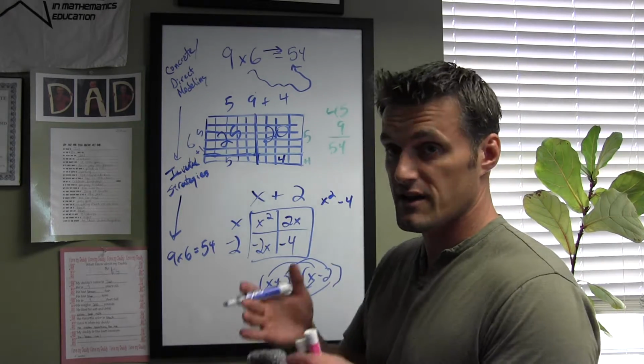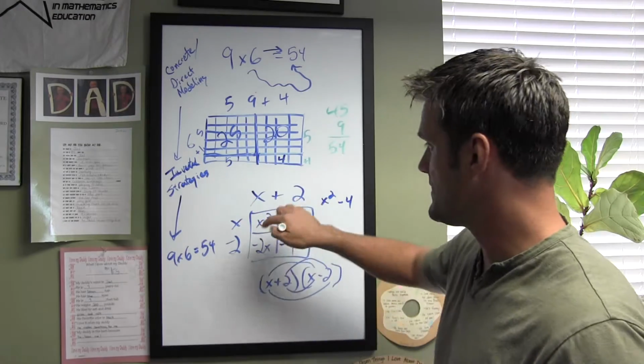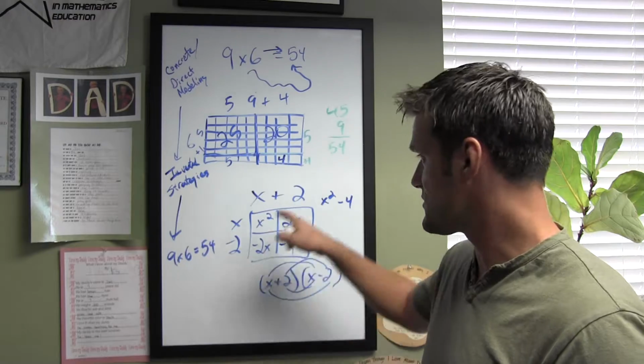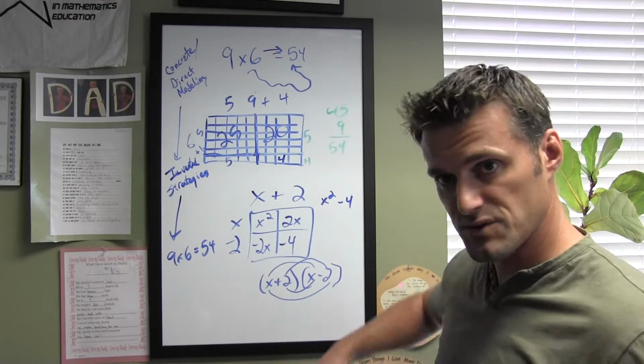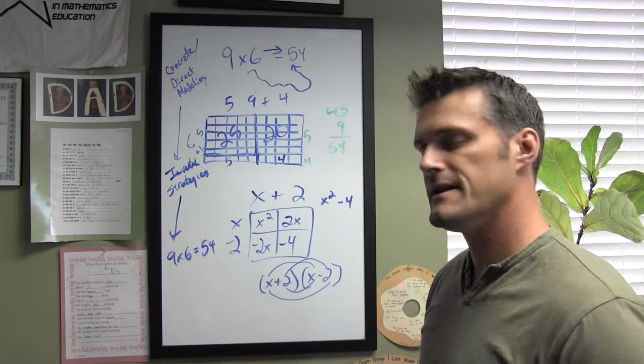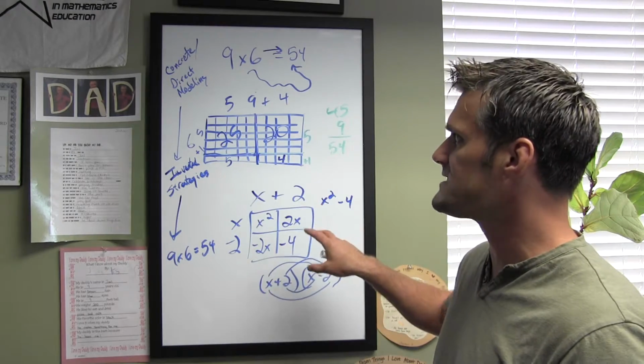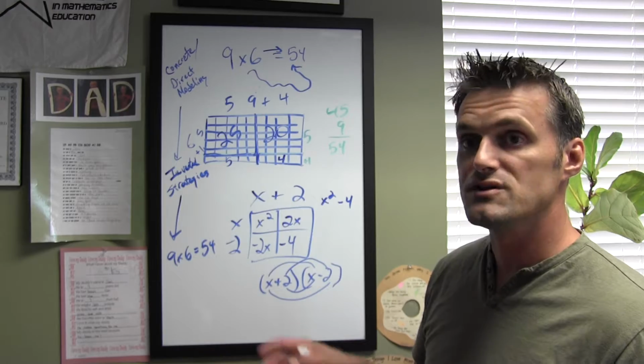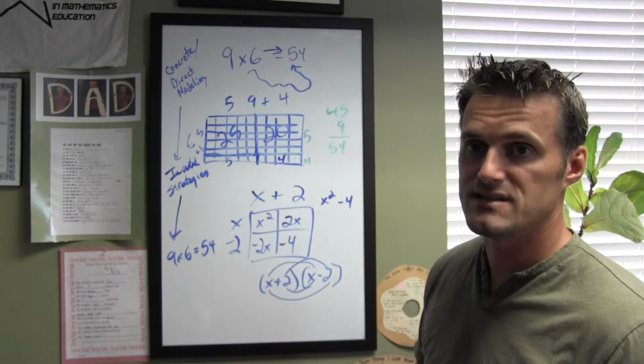However long these terms are, you could just expand out the rectangle. If it's 3 terms, make it 3 wide and 2 deep, and it'll still work. So this area model has legs, and thinking about multiplication as area goes beyond learning something like 9 times 6.